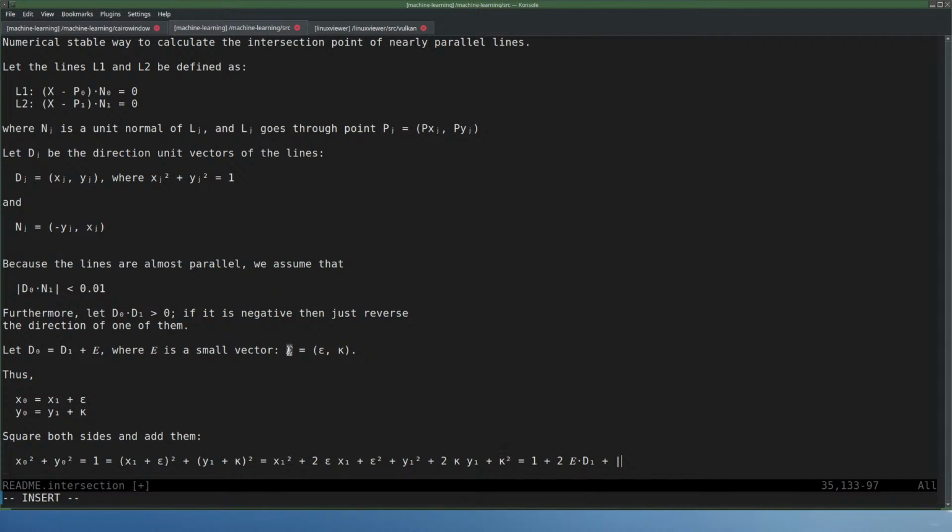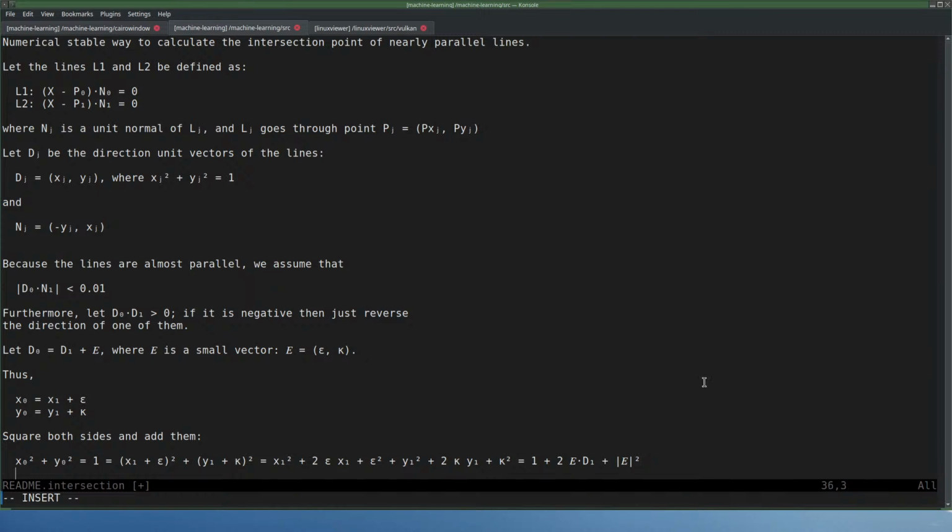So the length of E squared. Yep, because that plus that is 1, so that's that one. And then we get 2 times epsilon kappa x1 y1 plus that squared. Okay, well, it's just totally correct.